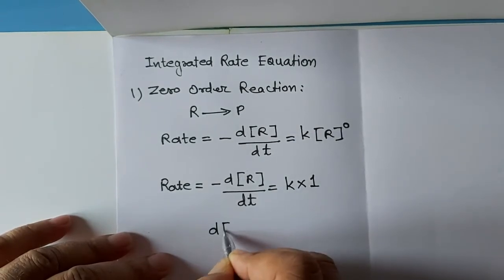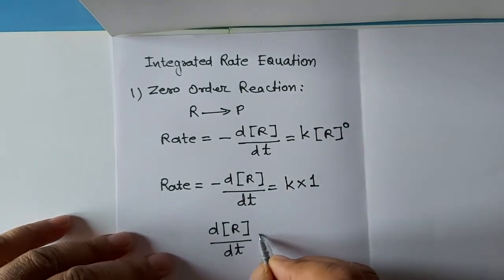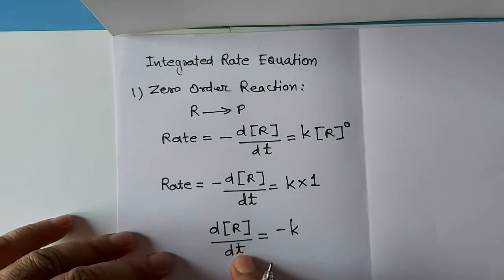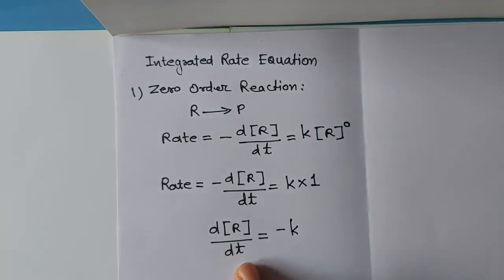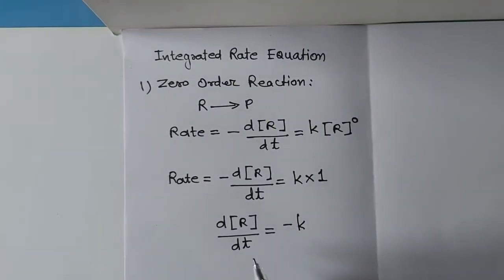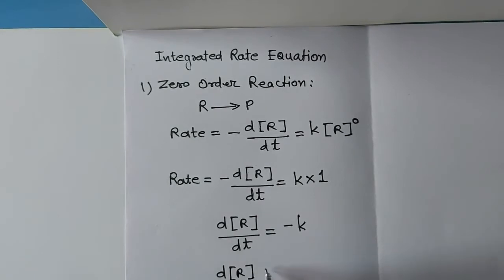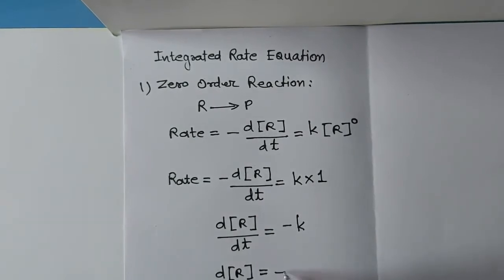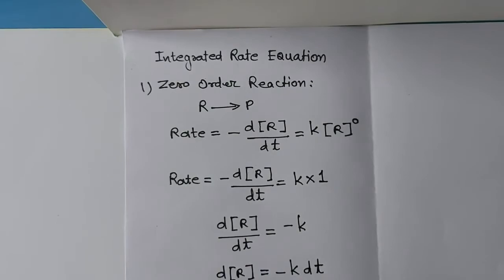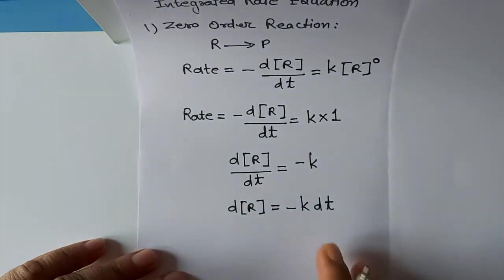We will get the equation, and taking this value to the other side, we will get the next equation, where we have moved dt to the other side.